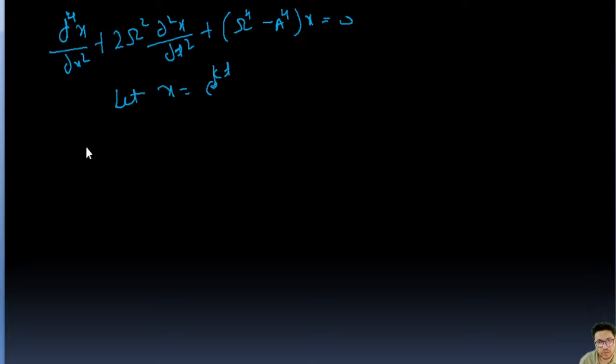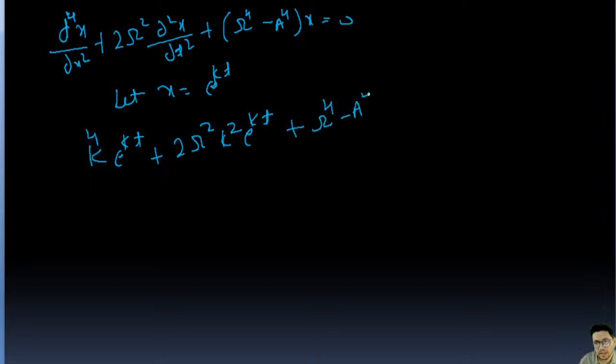So this gives k to the power 4 e to the power kt, plus 2 omega square, and differentiating twice gives k square e to the power kt, plus omega to the power 4 minus a^4 times e to the power kt. So e to the power kt is common.